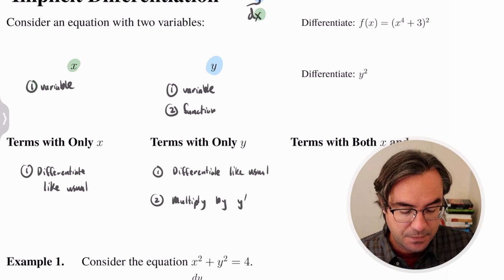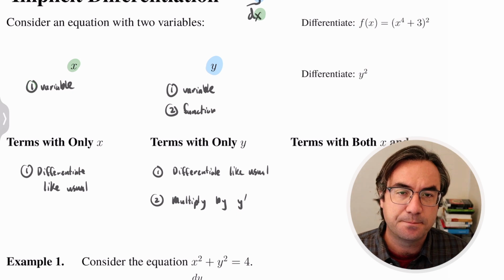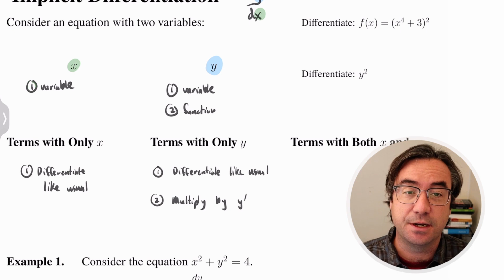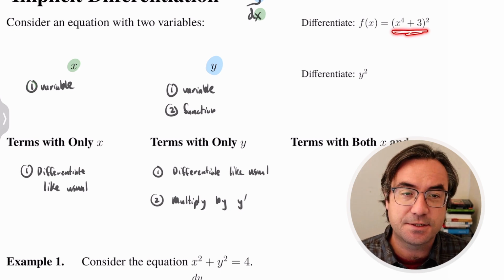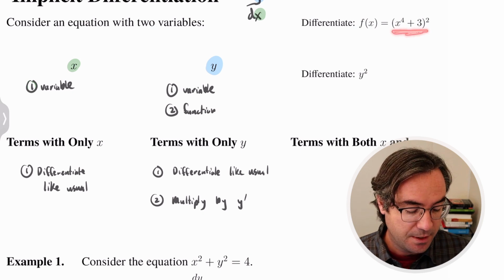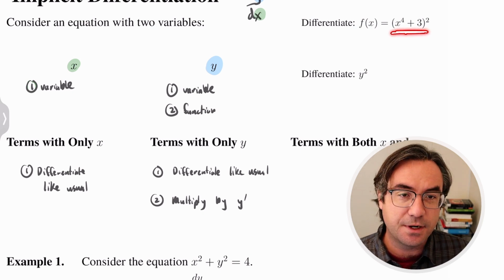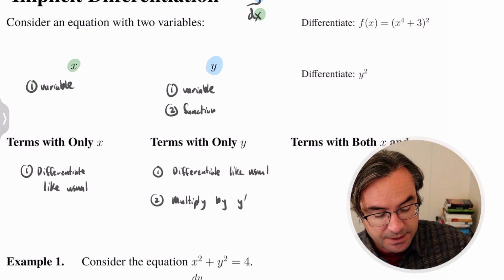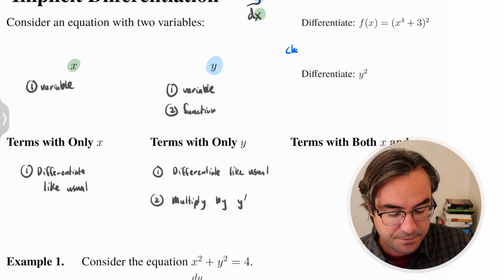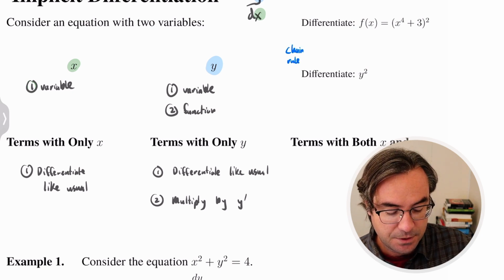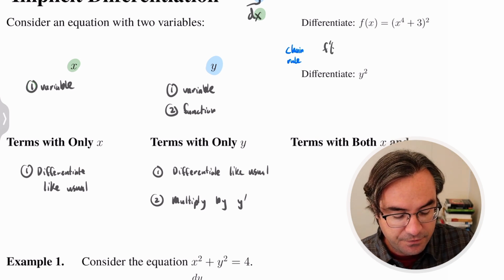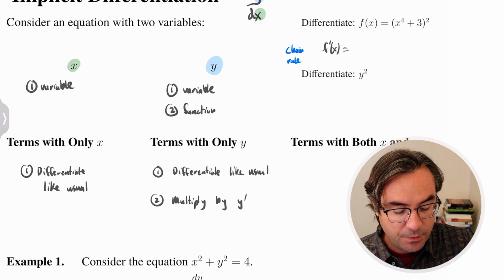So let's see why we would do that. Let's go up to the case where we have this kind of explicit function, and let's practice that. If we were going to differentiate x to the fourth plus 3, squared, it's going to take chain rule to do that. So what would chain rule look like? Well, we'll call our derivative f prime, and we would bring down the 2, put it in front.